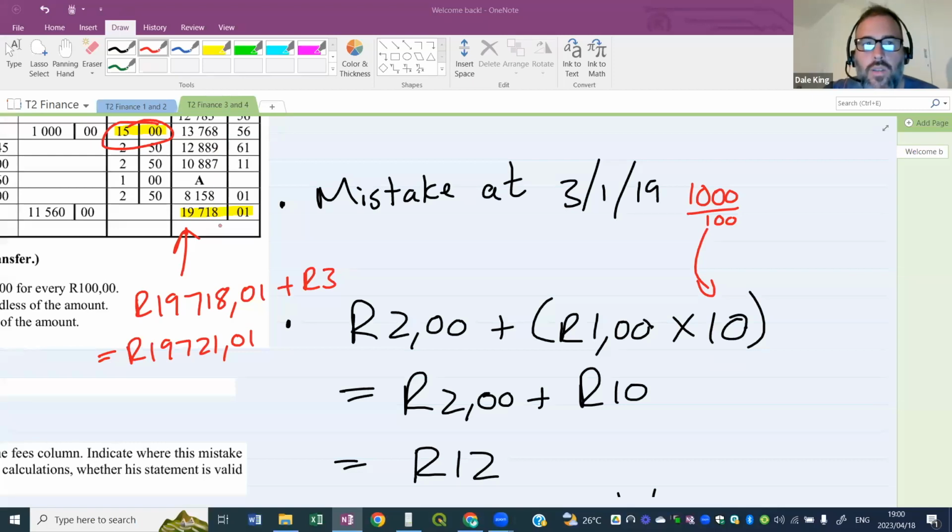So if you think about it like this, there's a starting balance and an end balance, and all the transactions in between. Money comes in, money goes out. So if we leave it as it is, this value at the end, 19,718, is short by 3 Rand. So we need to increase the final value at the end of the month by 3 Rand. That's all we need to do. All right. Okay, sir.